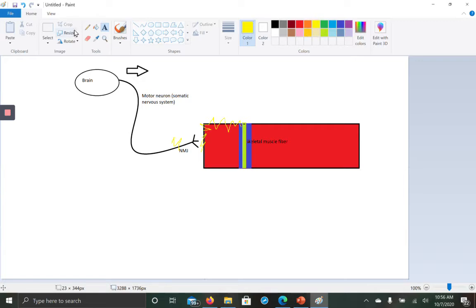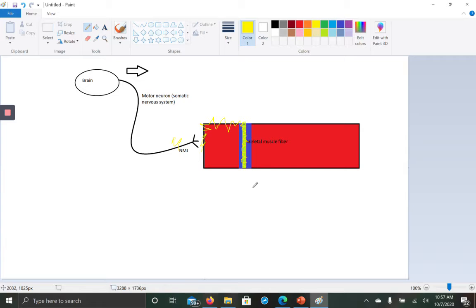Then the electrical signal travels into the cell, and as it does, it touches the blue sarcoplasmic reticulum.